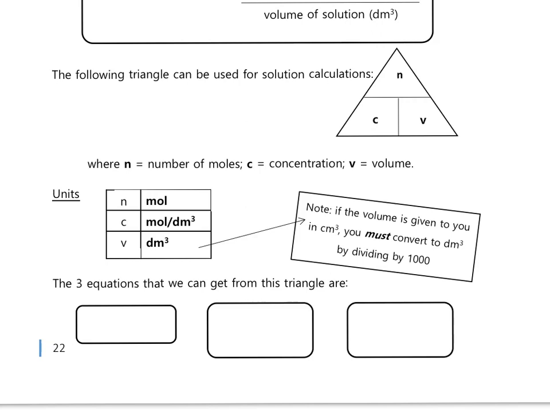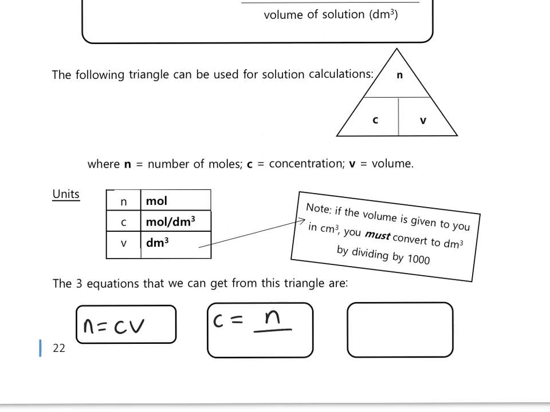Okay, so let's see what 3 equations we can get from this triangle. First of all, if I cover N, what am I left with? C and V. So N, which is the number of moles, is equal to concentration times volume. N equals CV. If I was asked to get the concentration, what would it be?